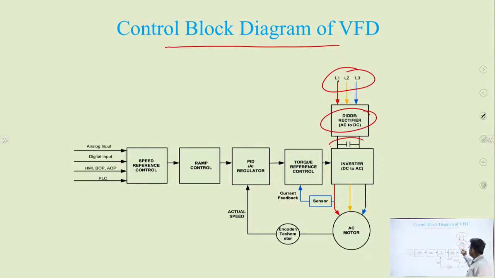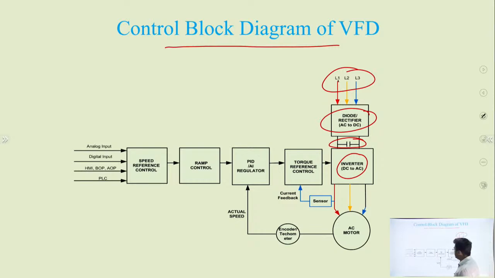There is a filter circuit, which is a capacitor, mostly an electrolytic capacitor, that feeds the smoothed DC to the inverter, which converts DC into AC, but that is not directly fit for the induction motor.